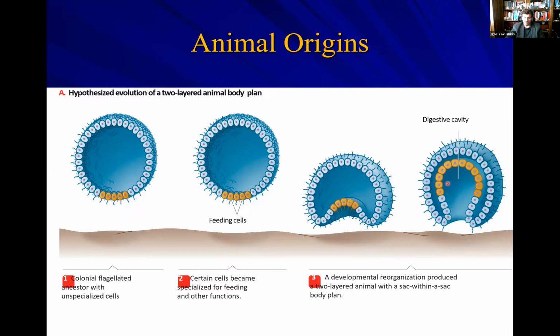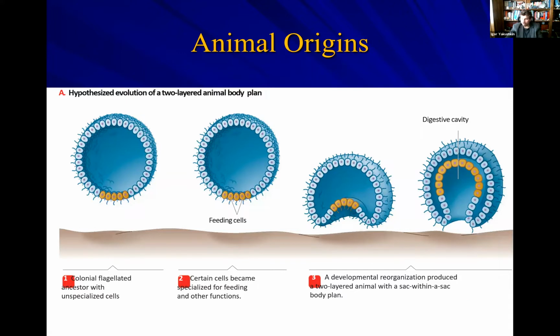Whatever is coming in from the mouth, then whatever is not digested will come out from that particular opening as well. Not a complete digestive system. Complete digestive system have the opening where the food comes in and the opening where the food comes out.